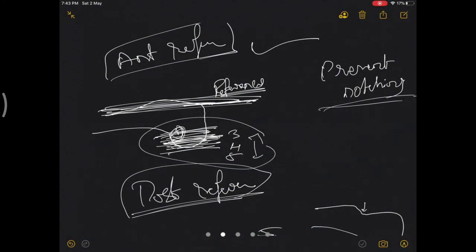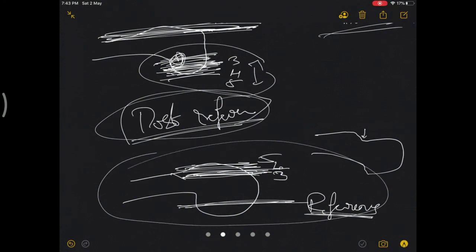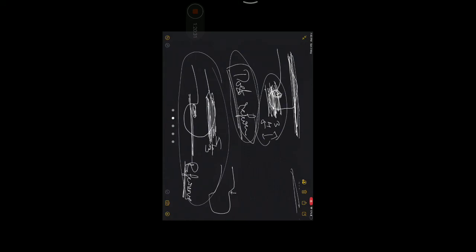Why there is posterior referencing is that this complication is not there in posterior referencing, though there is a risk of notching. The only theoretical advantage is that you are not going to touch the insertion site of the PCL. That is the only reason.